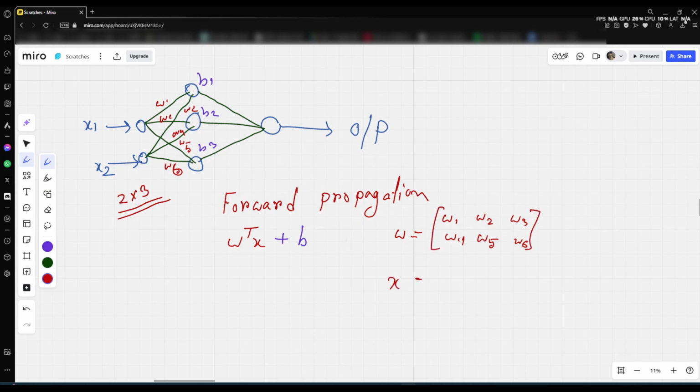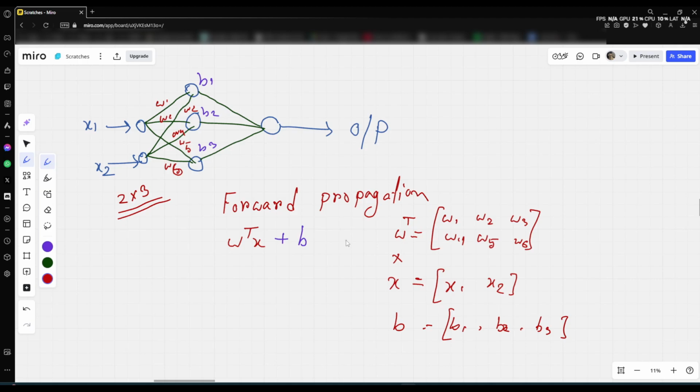What is x? x is also a matrix, x1 and x2. And for b, these are getting added, right? It will be transposed, and then b is the biases, b1, b2, b3. These are all matrices.